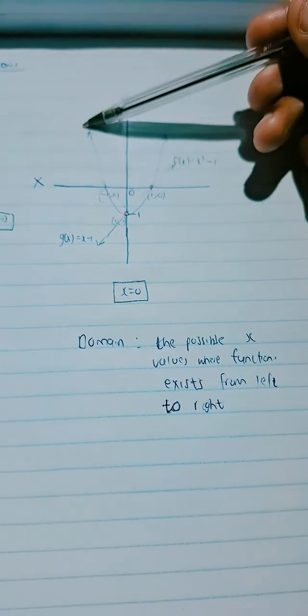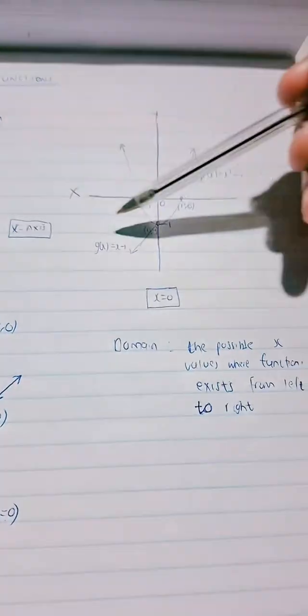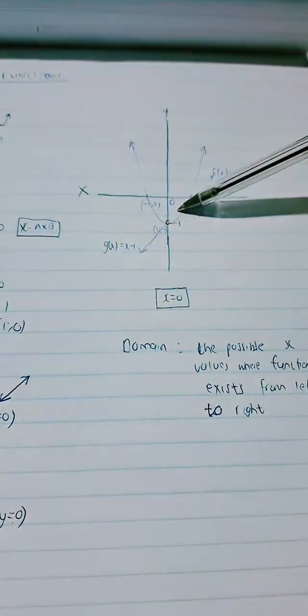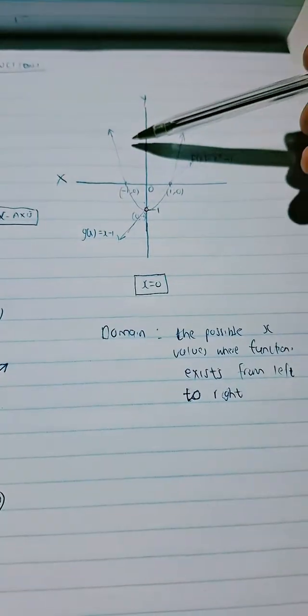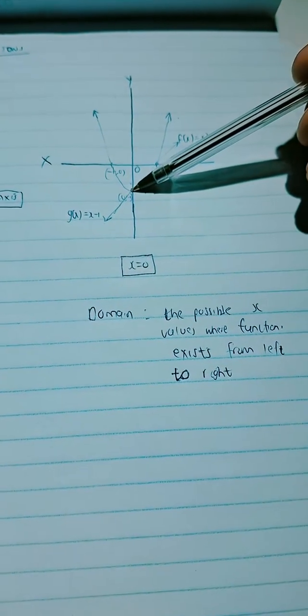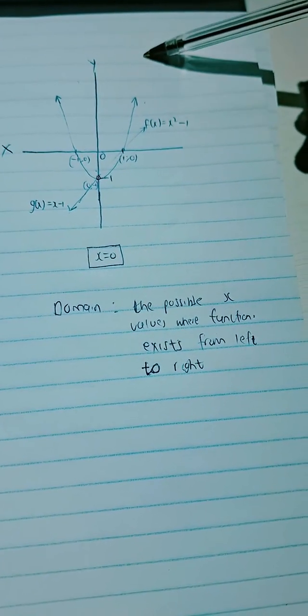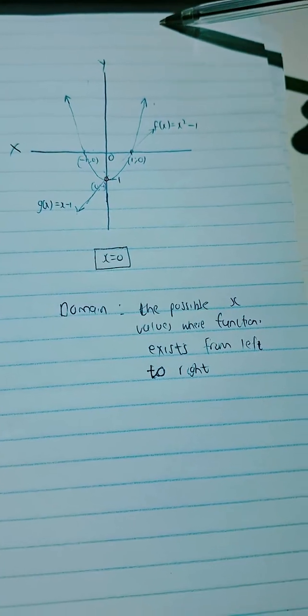It decreases, but it's decreasing from where? From the left-hand side, infinitely from the left-hand negative side. It's coming down, it decreases, then it turns, and then it increases, but it continues forever. The arrow here signifies it continues forever in that direction, never stops.